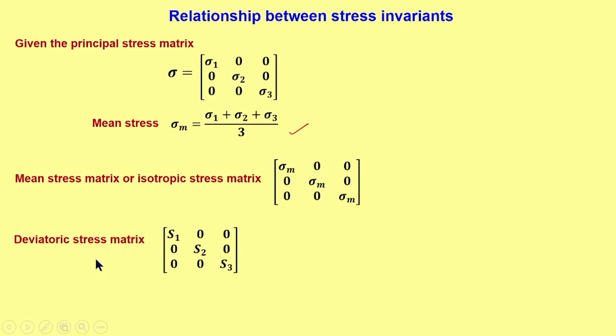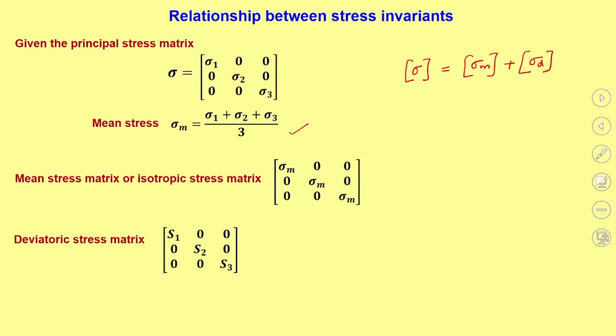We can always write the deviatoric stress matrix because the given stress matrix is decomposed into sigma m and sigma d, which can be written as sigma is equal to sigma m plus sigma d.